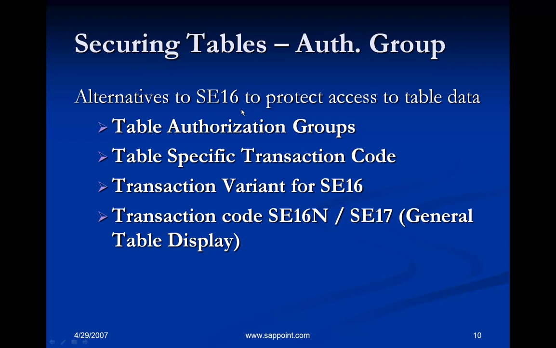So you still have the problem of the performance impact. You still have the problem of data integrity, meaning if S_TABU_DIS is not properly controlled and some tables from the group that you are authorizing allow direct maintenance, users can still maintain the data directly.